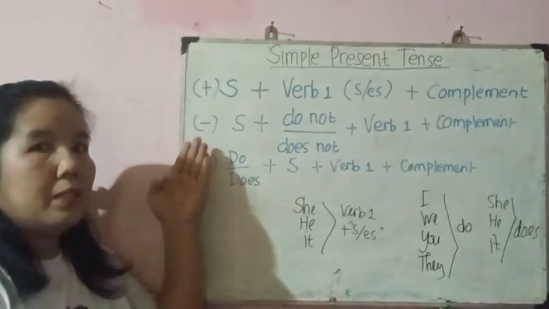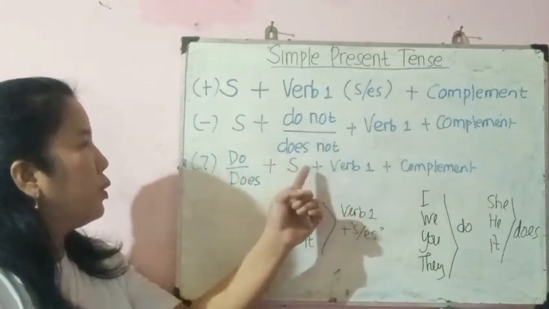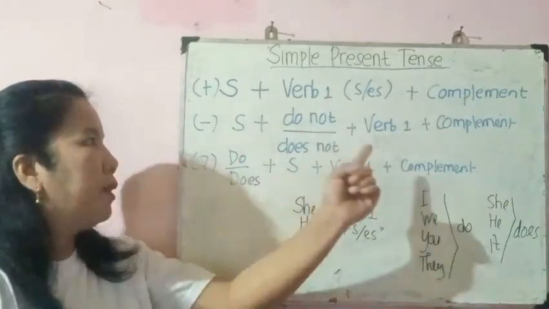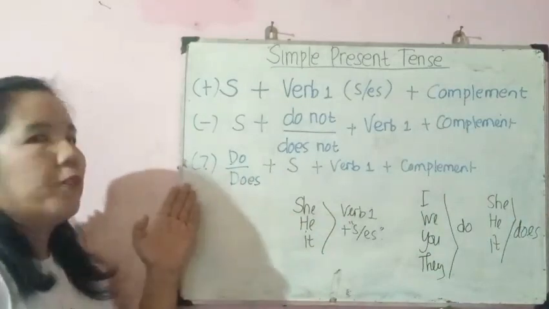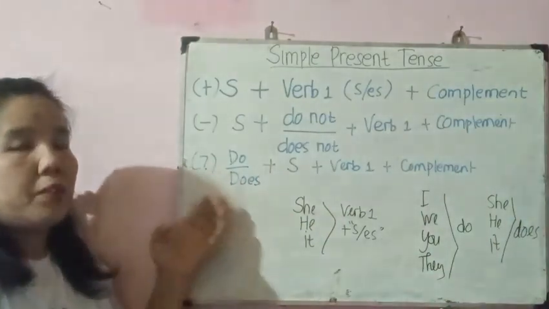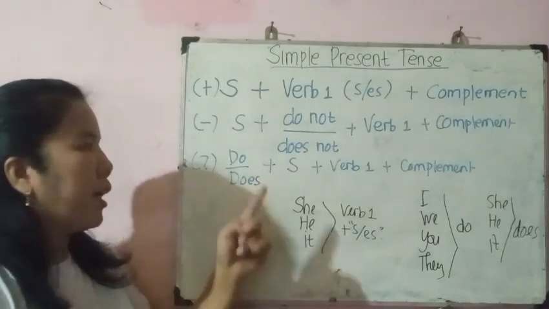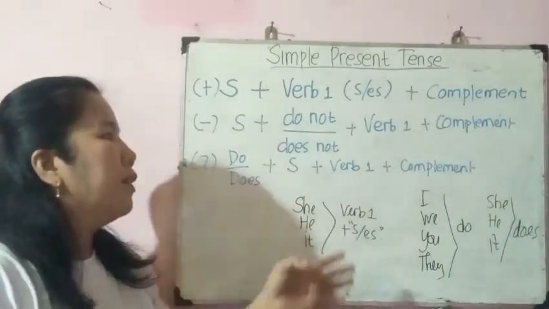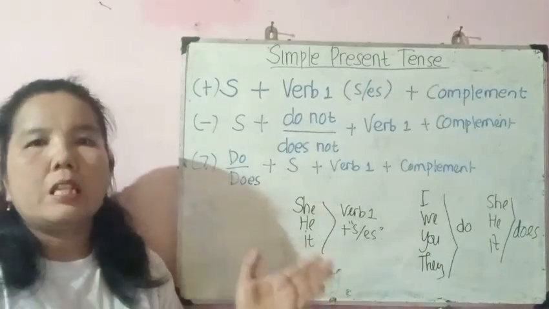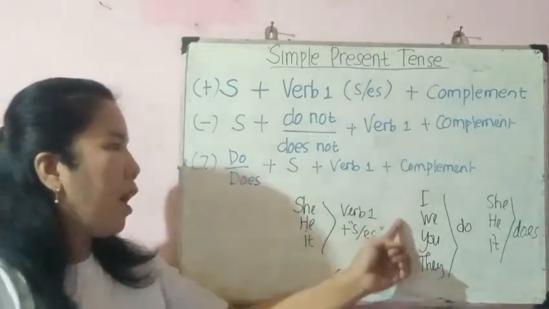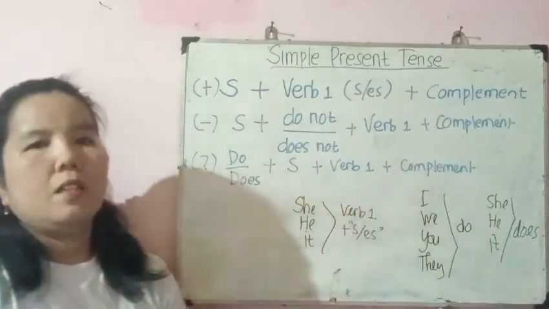And for the negative sentence, we use subject, do not or does not, plus verb 1 plus complement. And for the question or interrogative sentence, we use do or does plus subject plus verb 1 plus complement. The subjects in English are I, we, you, they, she, he, it.